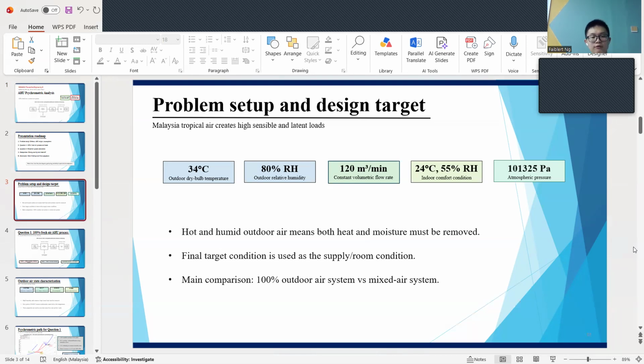The required indoor comfort condition is 24 Celsius and 55% relative humidity. This is used as the final supply or room condition. The comparison is between two systems. The first one uses 100% outdoor air, while the second one uses 30% outdoor air and 70% recirculated room air. Next slide.